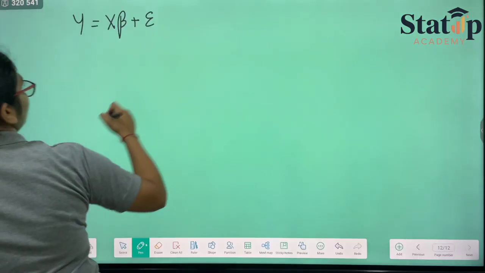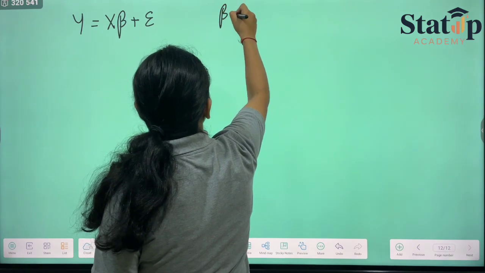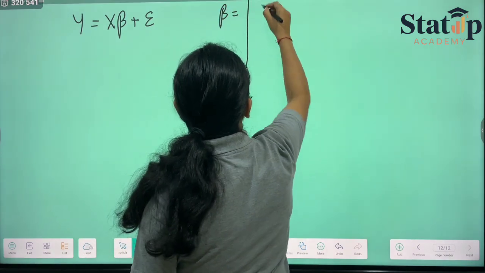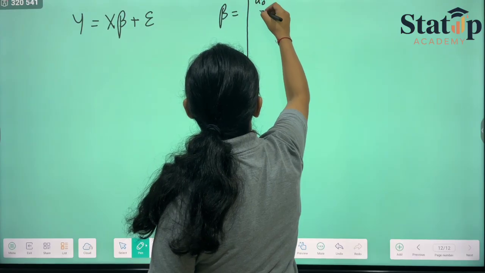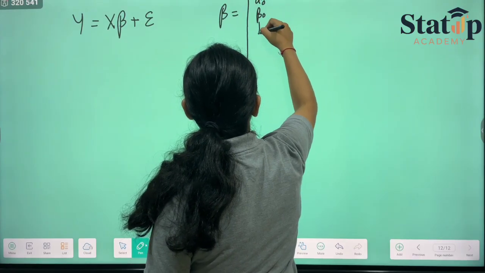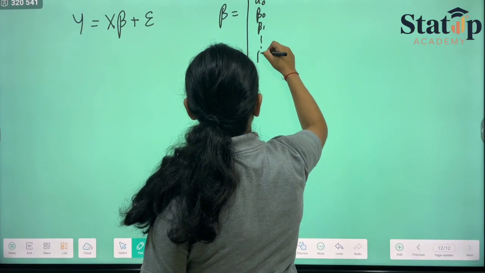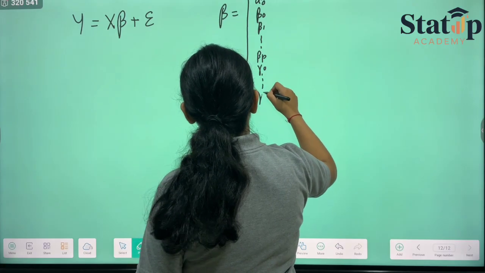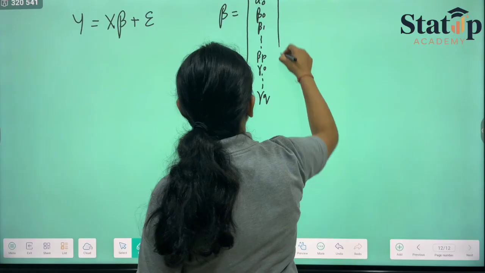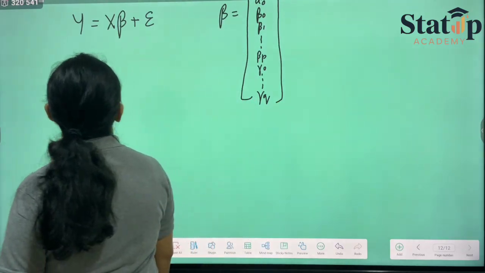Now here beta will be alpha naught, beta naught, beta 1 up till beta p, gamma naught up till gamma q. This whole will be beta.